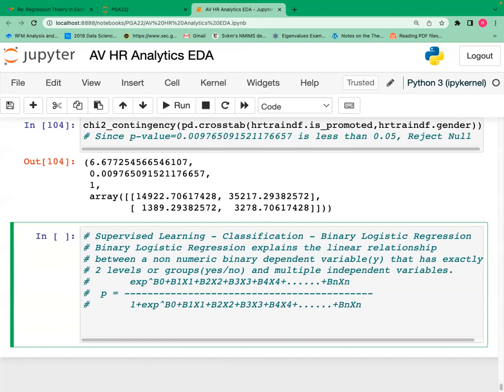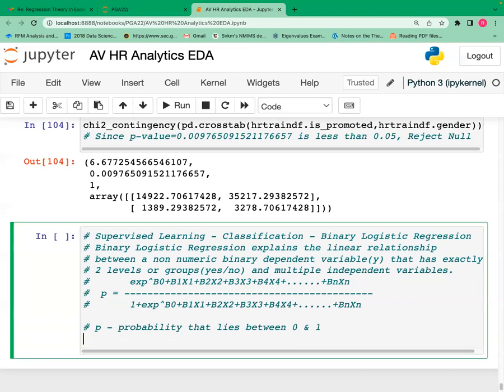In regression, you get a predicted value. Here you will get predicted probability.